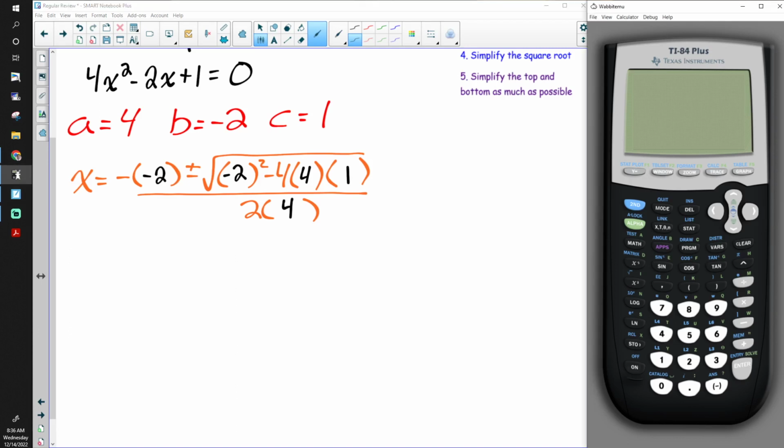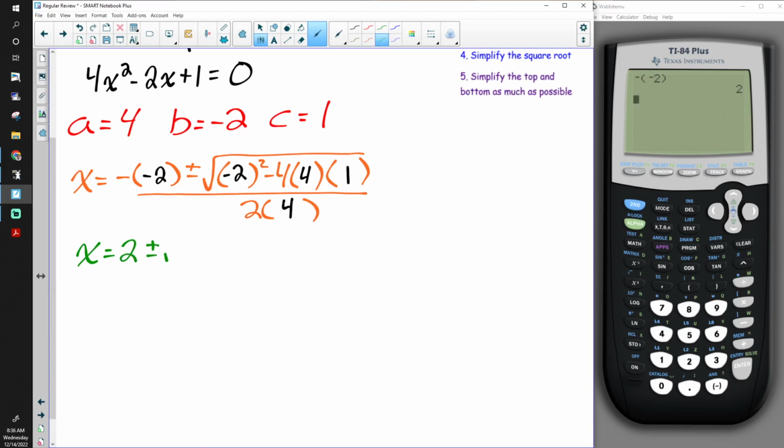So step 3 is now just simplifying my 3 parts. Okay, I'm just going to double check because it's kind of a big deal that I get this part correct. So -2 becomes +2. Good. X equals 2 plus or minus the square root.